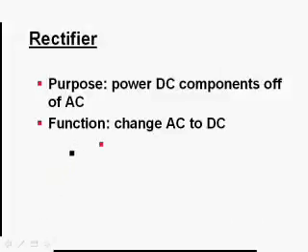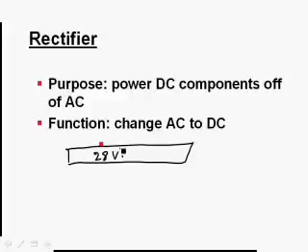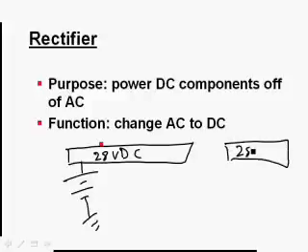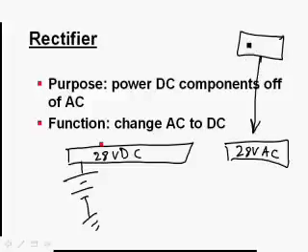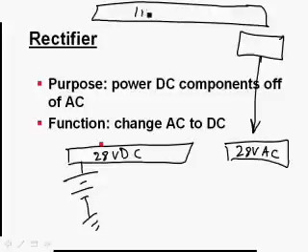And here's an example. Let's say you've got a 28 volt DC bus, and you've got a battery on it, and over here you have a 28 volt AC bus, and this is getting fed off of a step down transformer, which we'll get to, off of the main 110/208 volt AC bus.